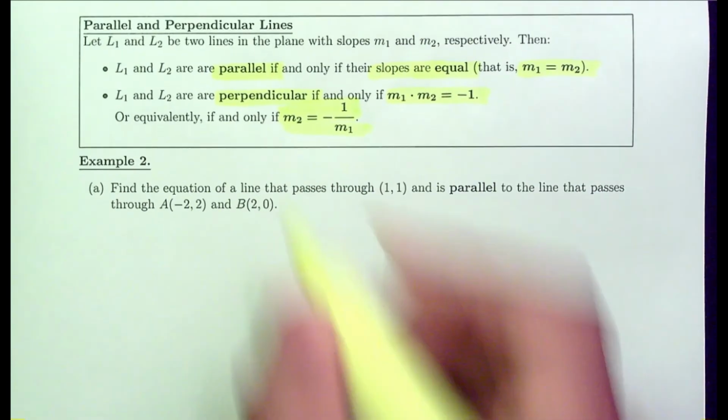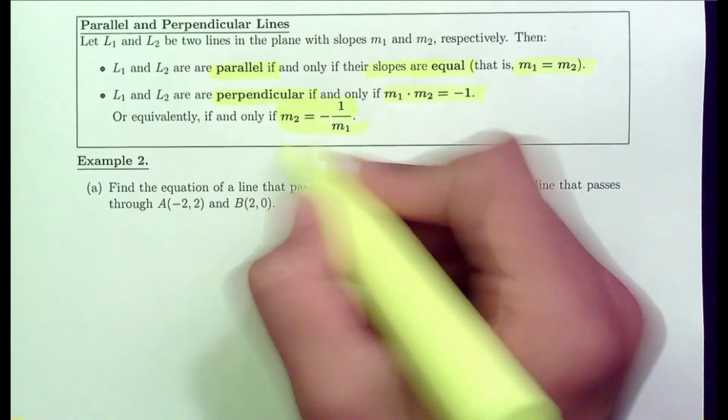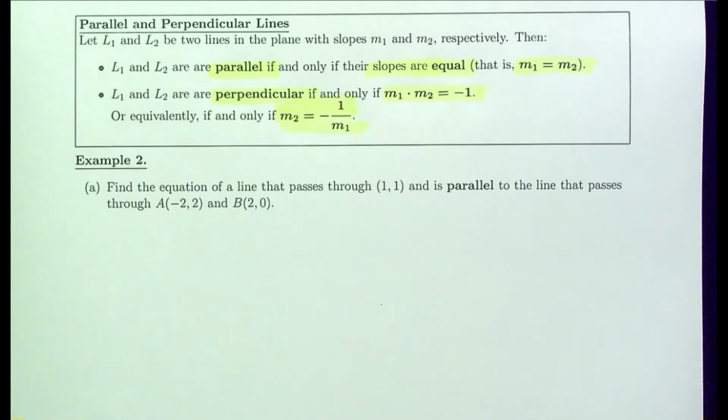That's the best way to remember this. This equation says that if you have one slope and the 2 lines are perpendicular, then the other slope is, you flip and you change the sign. It is the negative reciprocal of the other one.